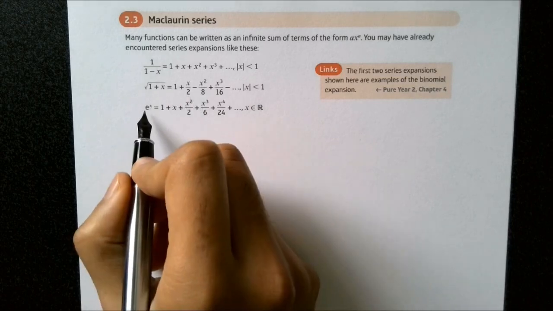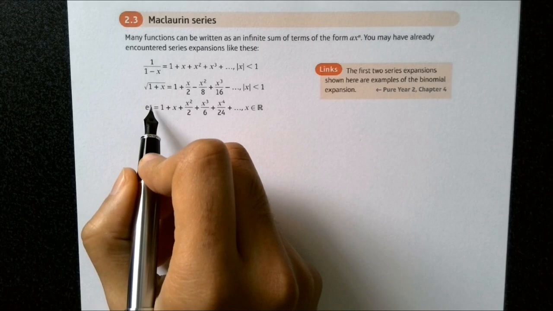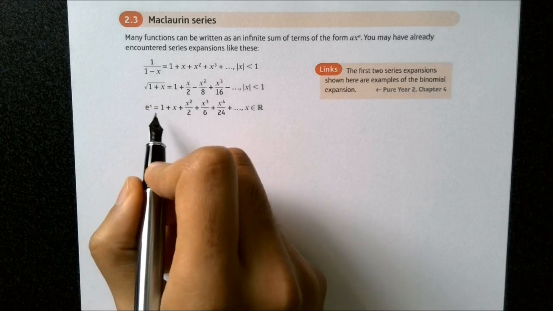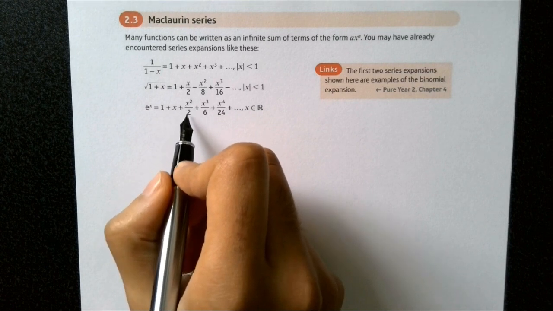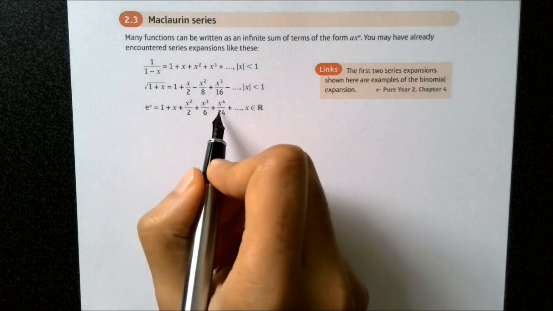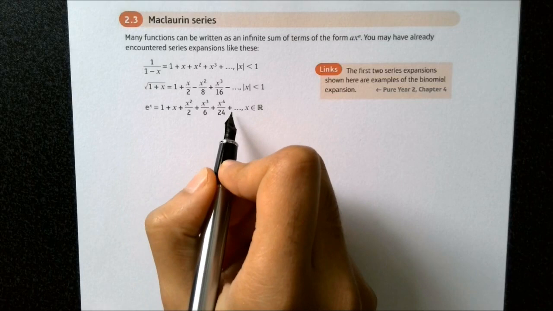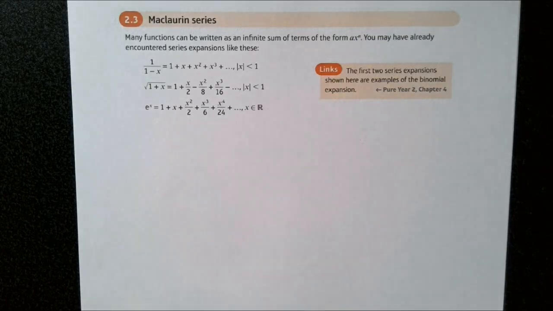And so if we were to work out e to the power of 5 on a computer and program it, we'd end up with 1 plus 5 squared over 2 plus 5 cubed over 6 plus 5 to the 4 over 24, etc. And in the next example, we'll take a look at the proof of a Maclaurin series.